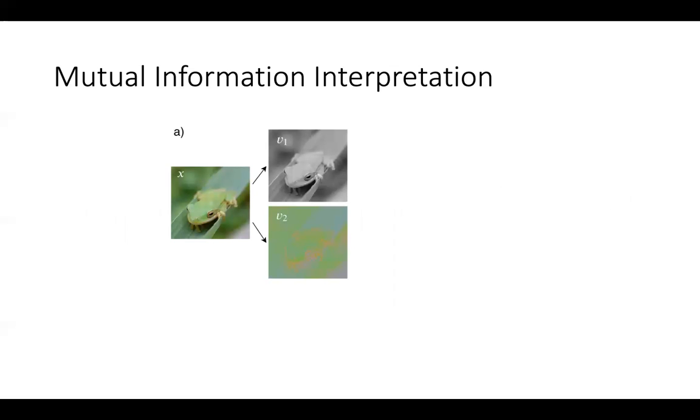In order to get into it, we first need to get back to the mutual information interpretation of contrastive learning. As we discussed before, the contrastive objective is really trying to discriminate between samples from the joint distribution and samples from the product of marginals. So it has a natural connection with mutual information between the two views.